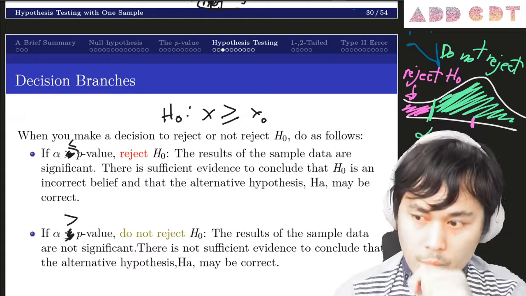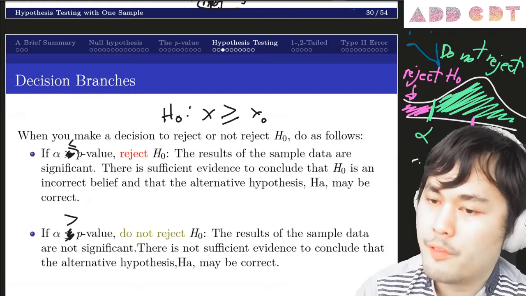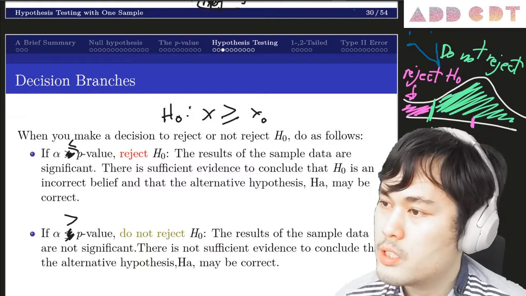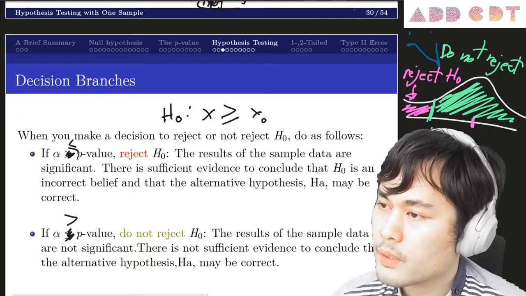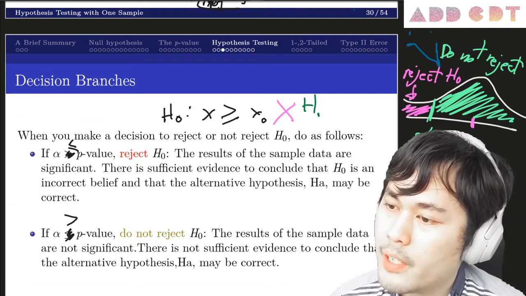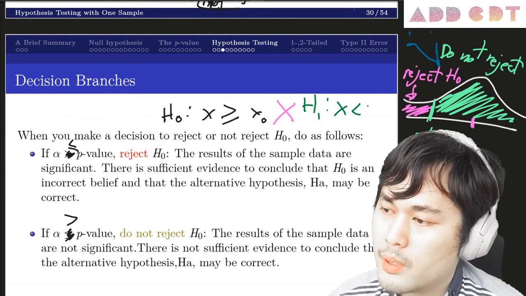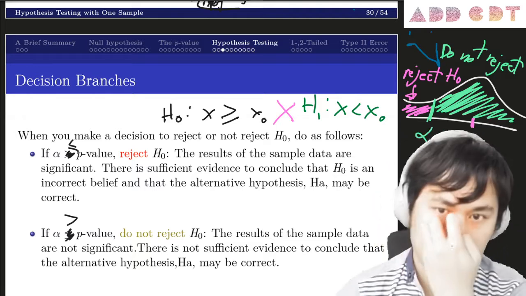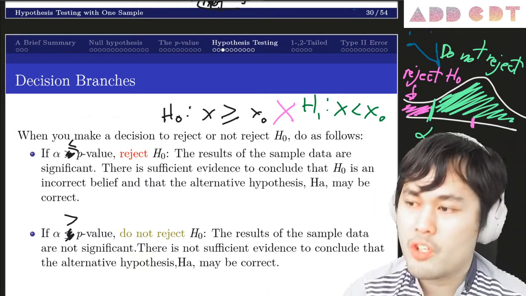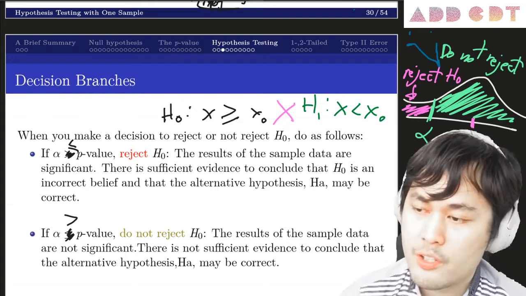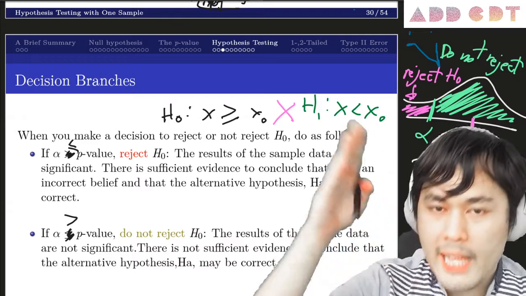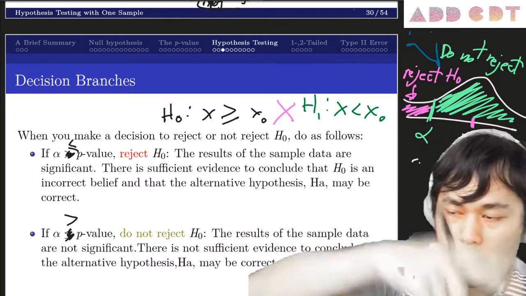So we believe that was false, and we will believe the opposite, which is H1: that number is less than x0. Here we don't know yet what the actual population mean or parameter is, but we are sure that it's not going to be x0, it's going to be way less than that.